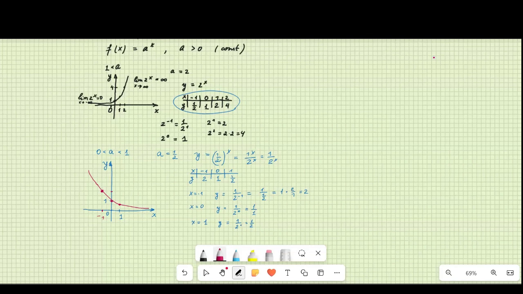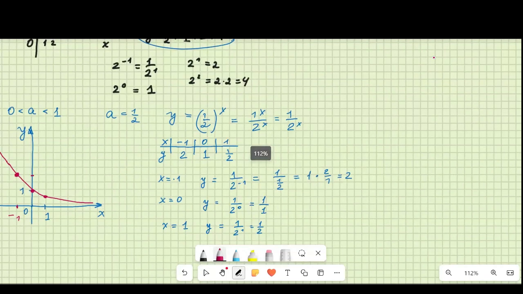Let's label the limits of this graph. Now we can see easily that when x goes to infinity, the number is going to become smaller, smaller, and smaller. When x goes to bigger numbers, we're going to have bigger and bigger x, producing a bigger denominator, which is going to produce a very small number when you divide by it, right?